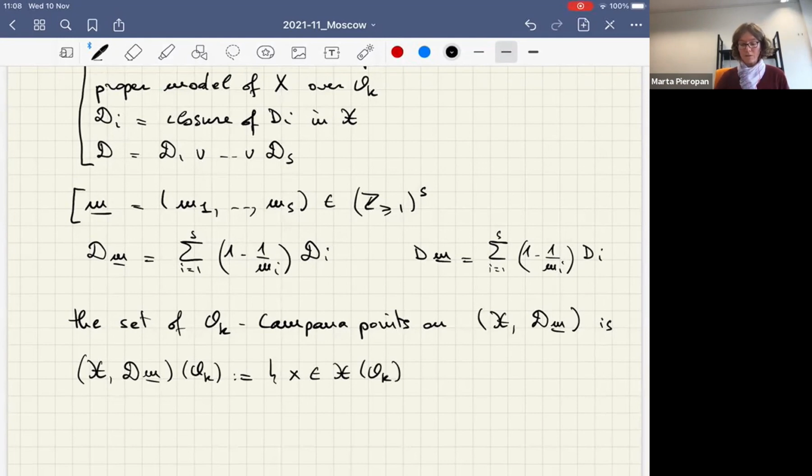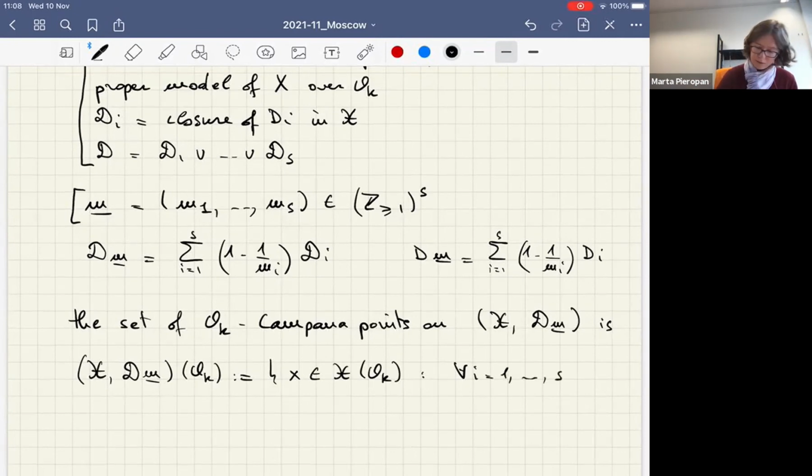Now, 𝒳 is proper, so O_K points are the same as K points on this 𝒳. And we choose such points, we look at them as integral points, and then we look at the condition for each boundary component, so i from 1 to s.